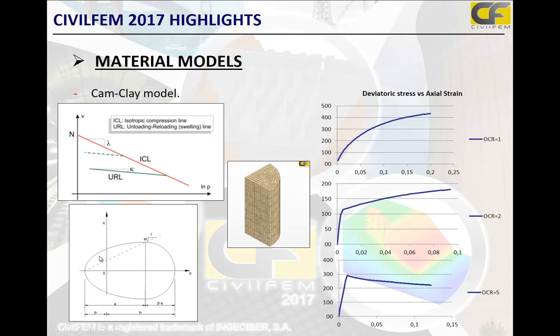We leave this ellipse, and then we have the J-line with this other parabolic. And if we have overconsolidation of 5, the stress line will follow this zone until reaching the ellipse, and then the stress will fall until this curve, this line. So we'll have these results for overconsolidation, for high overconsolidation clays.